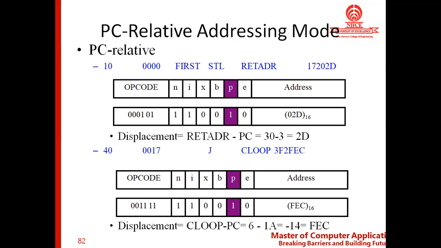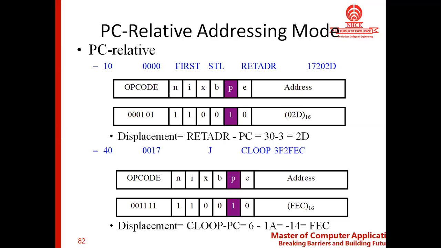When you make the 2's complement for this particular number, first of all you have to make the 1's complement, and then 1 has to be added to the 1's complement to get the 2's complement. This is the procedure. So the displacement here is minus 014. For 014, since it is a negative number, we have to get the 2's complement value. That is exactly FEC.